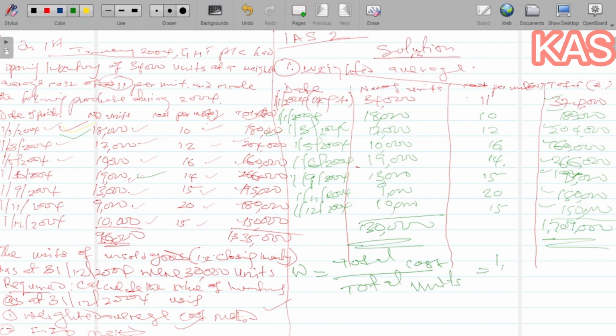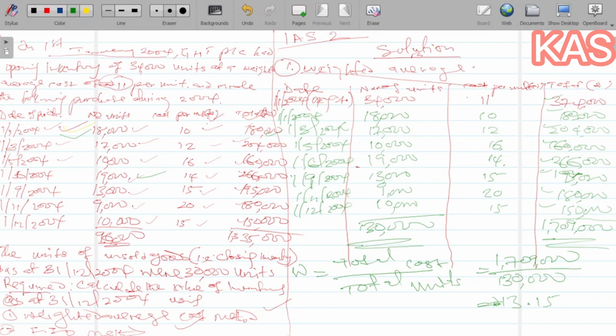Our total cost is 1,709,000 divided by our total quantity, which is 130,000 units. When you divide this, we'll have 13.15 naira. This is the average price.